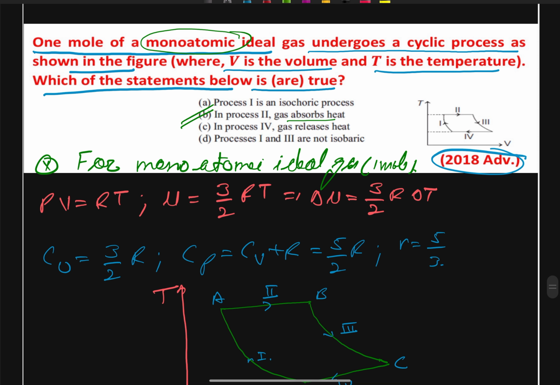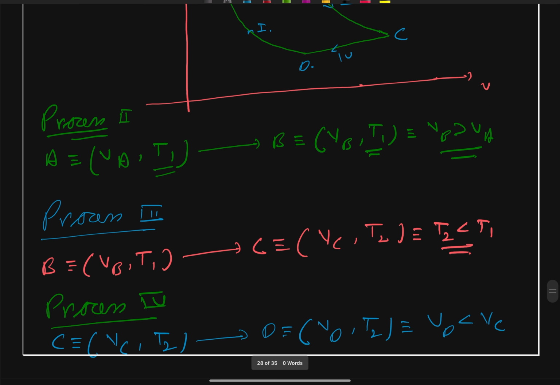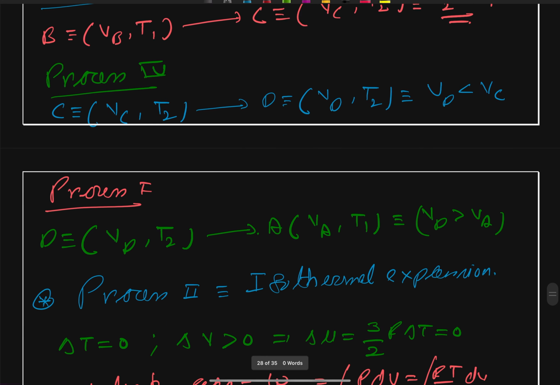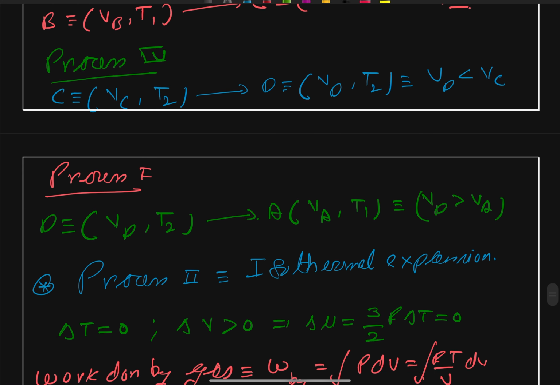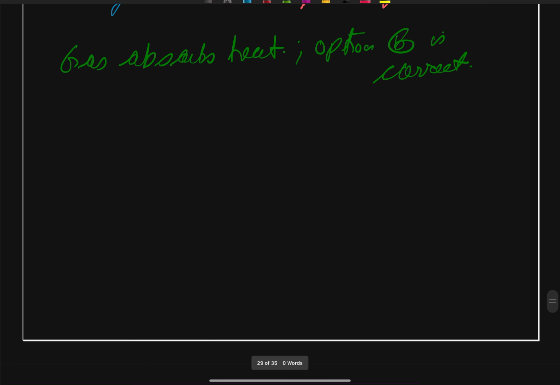Heat released. So process 4, and process 4 is isothermal compression, because here also temperature is the same. So we come to process 4.